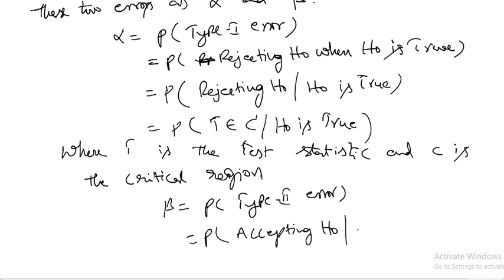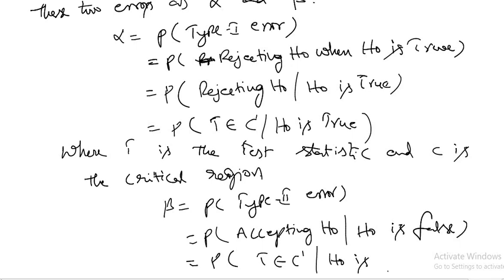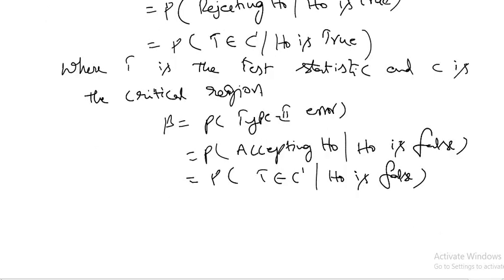Accepting H naught when H naught is false. That equals probability that T belongs to C dash given H naught is false. Where C dash is the acceptance region, just accepting H naught.